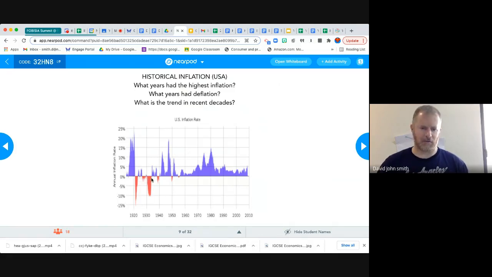And one of the reasons why we had a big depression in America is that demand had collapsed. The price level essentially had fallen, but even though purchasing power had improved, people didn't have jobs, they didn't have money, so they couldn't go out and buy things. So then you had further decreases in demand, and it became a bit of a deflationary spiral.